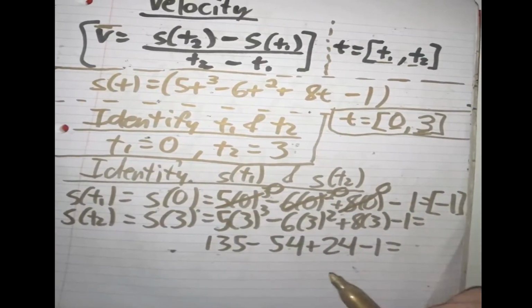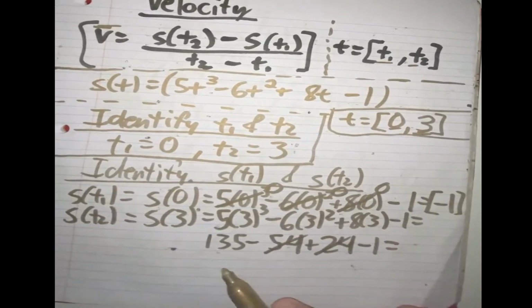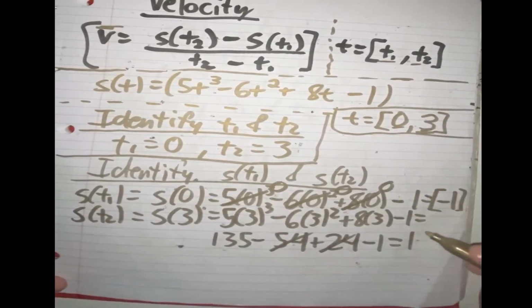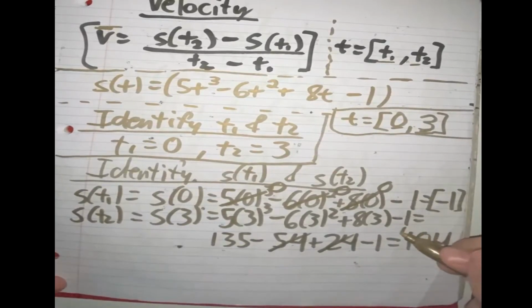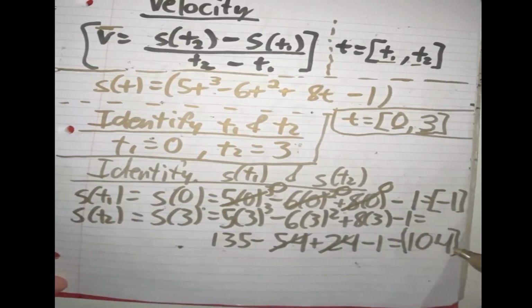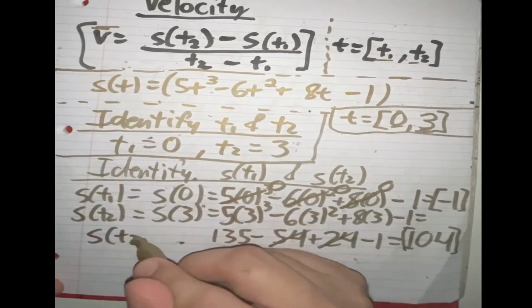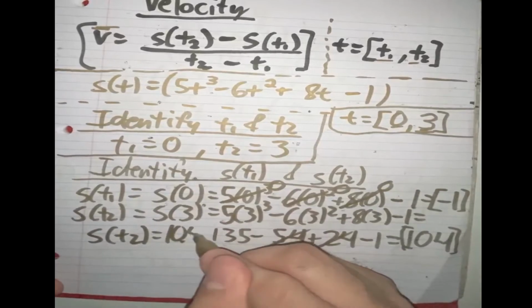So this arithmetic comes out to be 104. So this is our s of t2. s of t2 is equal to 104.